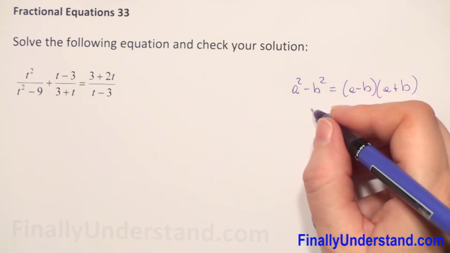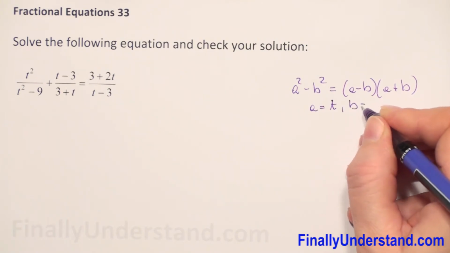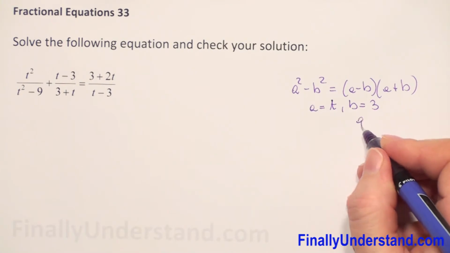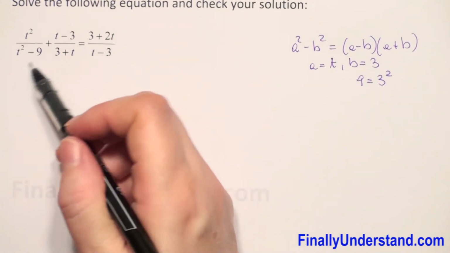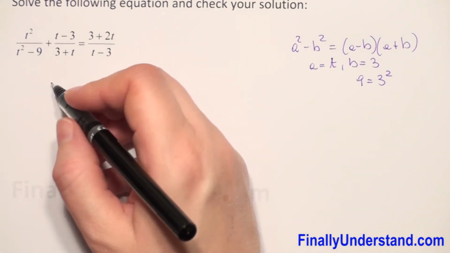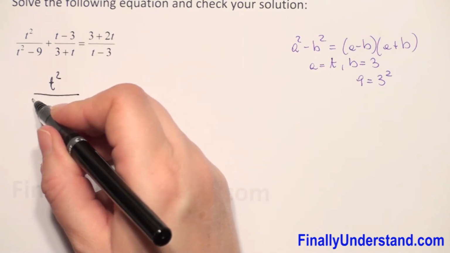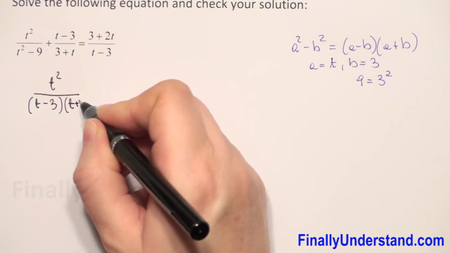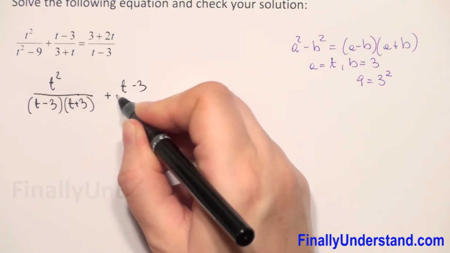In our example, a is equal to t and b is equal to 3, because 9 we can rewrite as 3 to the second power. So we can rewrite the first denominator. t squared we copy, and in the denominator we will have t minus 3 times t plus 3, plus t minus 3 over t plus 3.